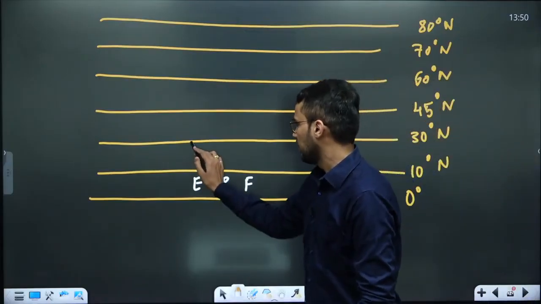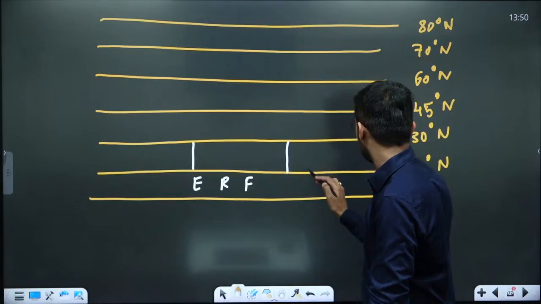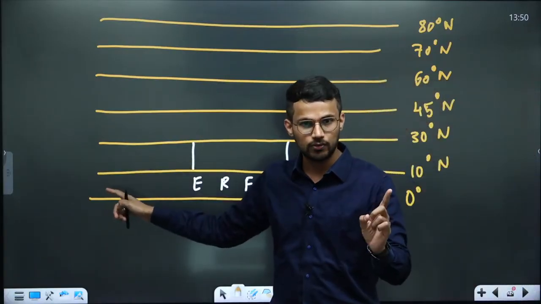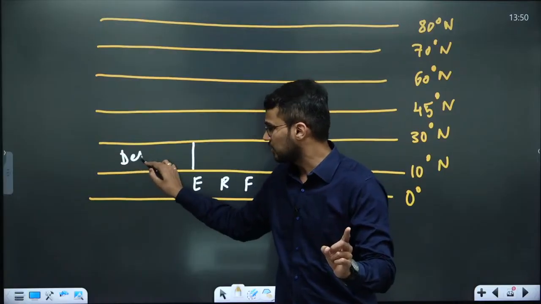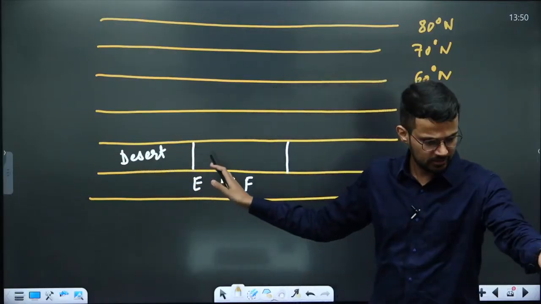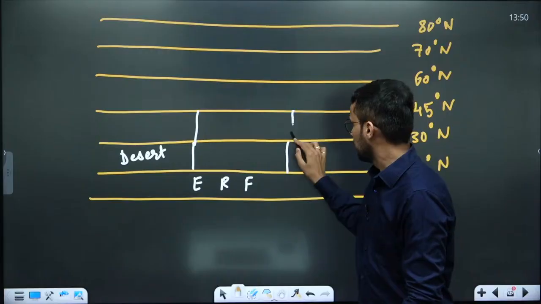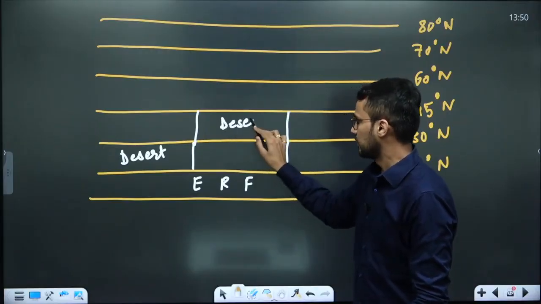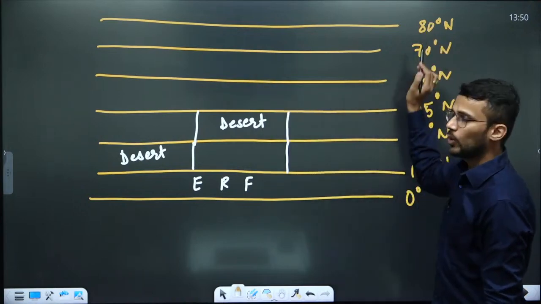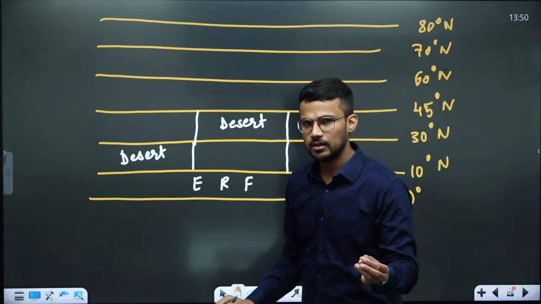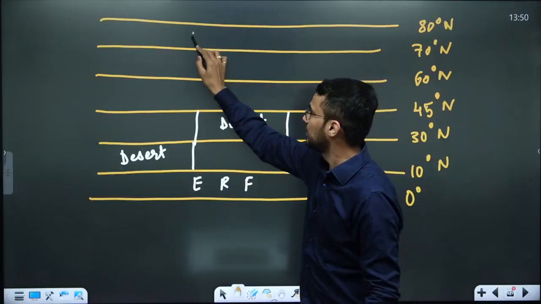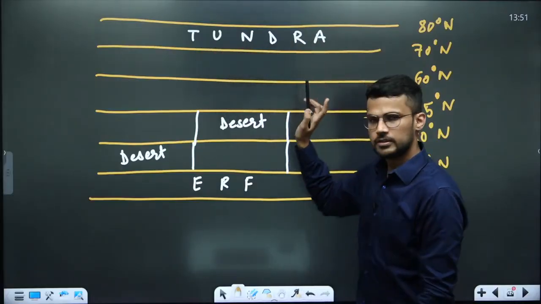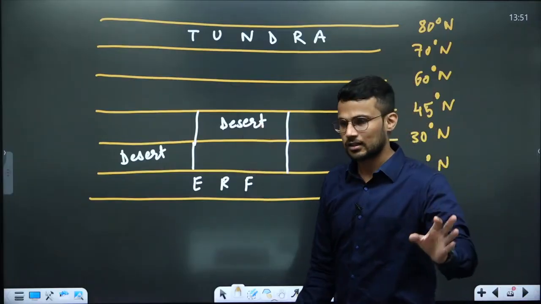Then if we divide this 10 degree to 30 degree north latitudes into 3 sections, here we will be having presence of desert. यहाँ पे desert है, check कीजिए, right? Here also we have presence of desert. ठीक है. 70 to 80 degree north latitude में क्या देखा हमने? 70 to 80 degree में हमने देखा, ठीक है, which tundra? Arctic.